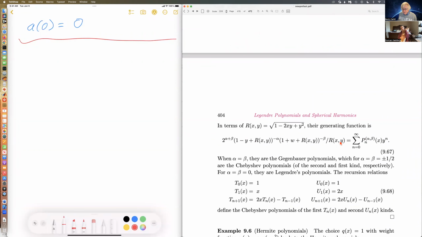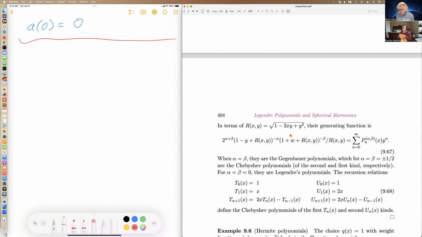And the generating function is a square root. It's funny, I'm surprised that it's a square root and not an inverse square root. Anyway, let me just check that. Then I didn't leave out an inverse formula here. In any event, the generating function turns out to be an inverse square root.